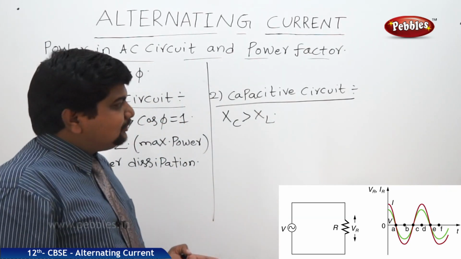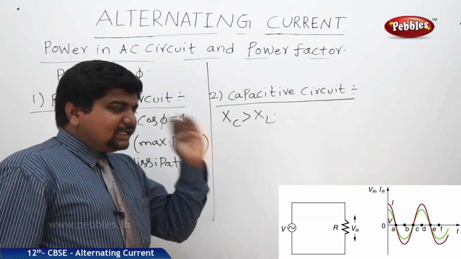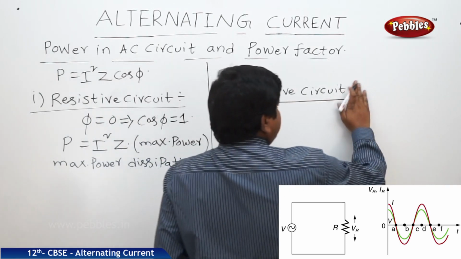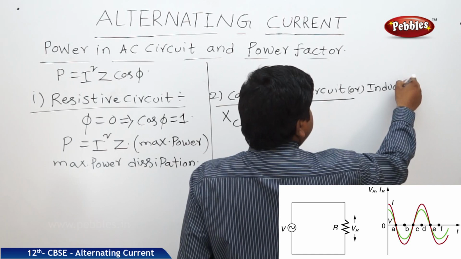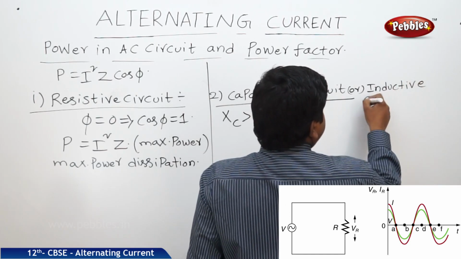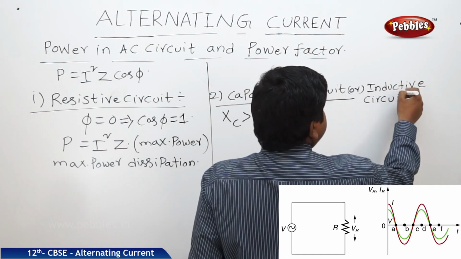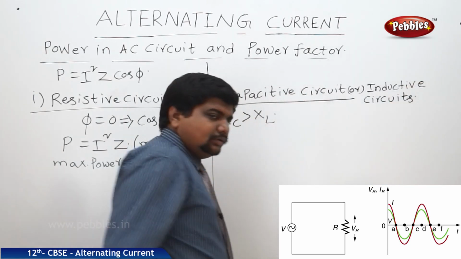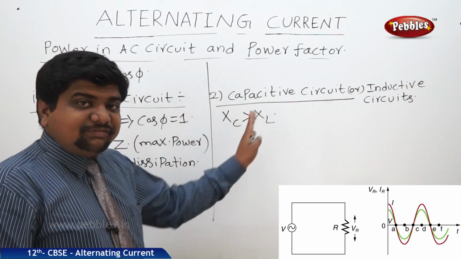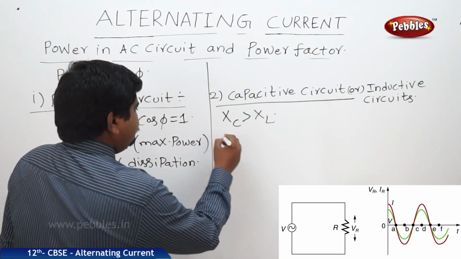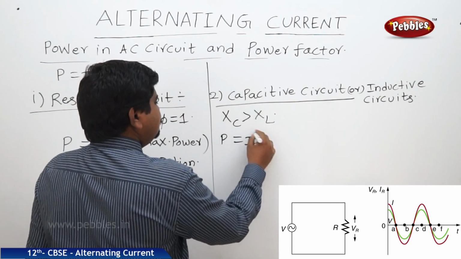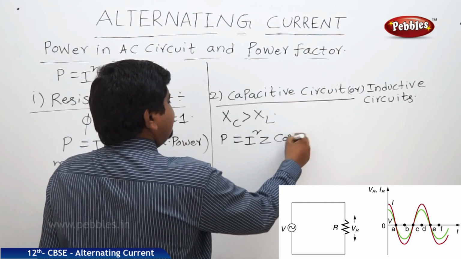In case of capacitive circuits and inductive circuits, in these two circuits, there is a phase difference between V and I. We know that. So, P is equal to I square z cos phi.